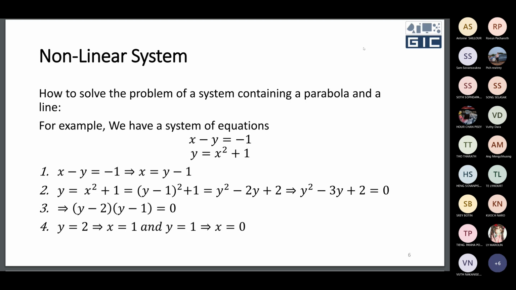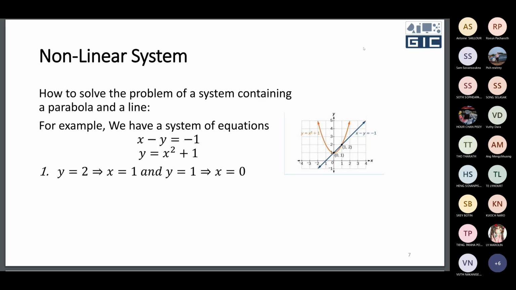So when you get the solutions y equal to 2, x equal to 1, and y equal to 1, x equal to 0, I can draw those solutions in the graph. You can use the graph method to solve, but it doesn't look easy when the equation is of higher degree.